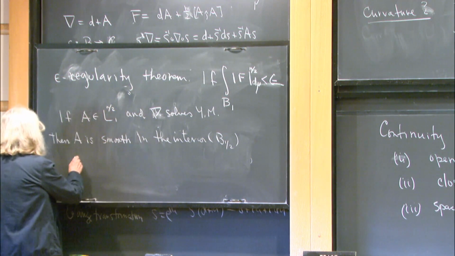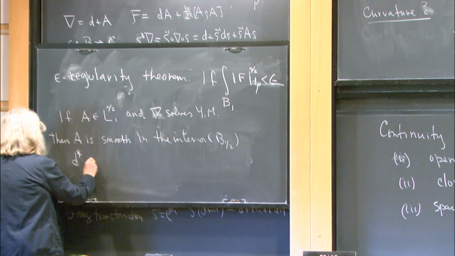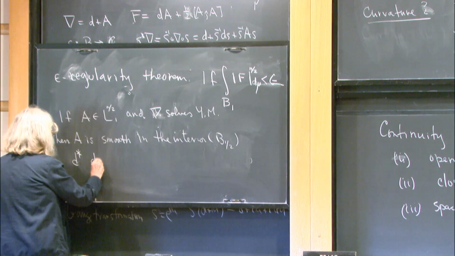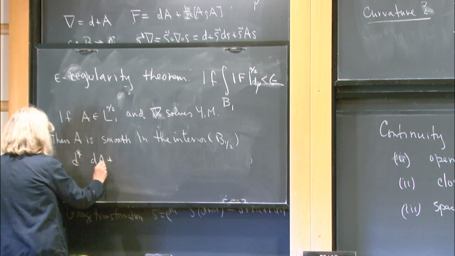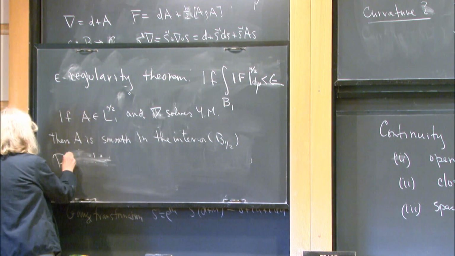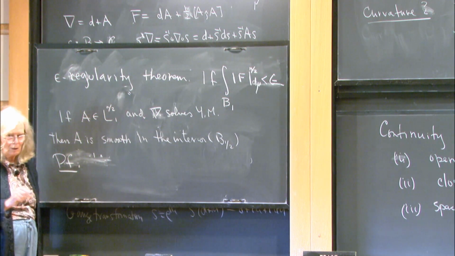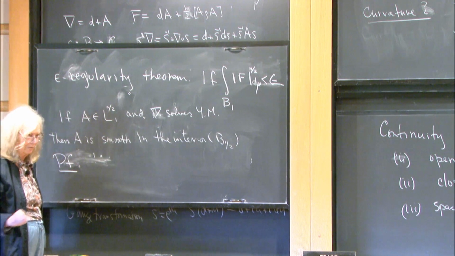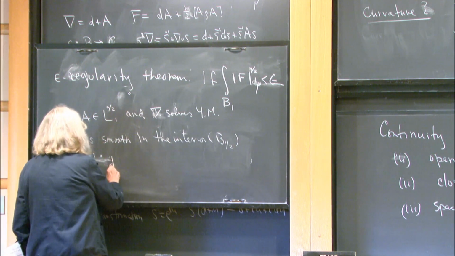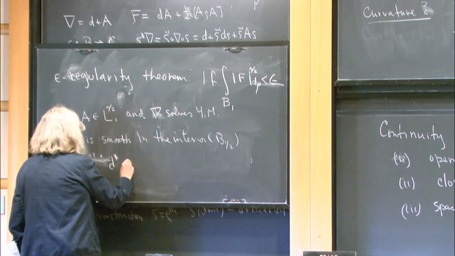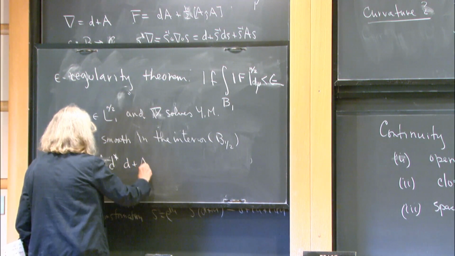The Yang-Mills equation looked like D star. Let's write down what it looks like. D_A star F_A, and this is the proof, since, again, it's really just the Laplacian plus something lower order and small. So we write down D star D plus A bracket.